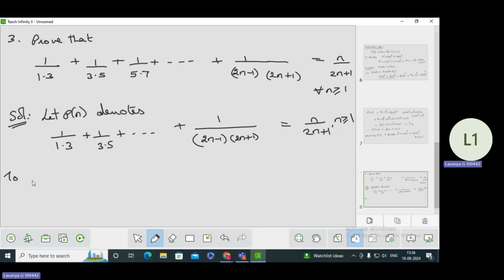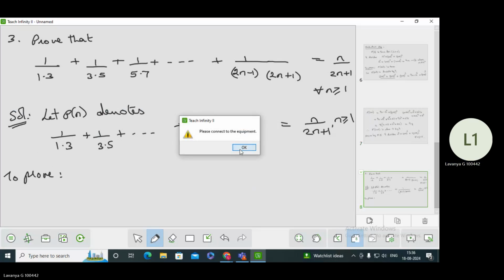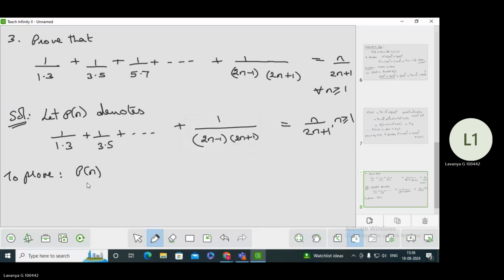Now, what do I have to prove? I have to prove P of n is true for every n greater than or equal to 1.